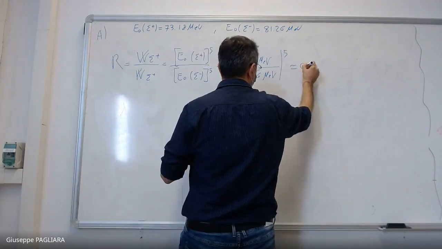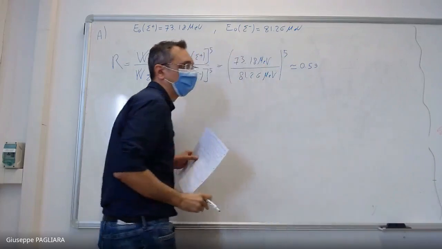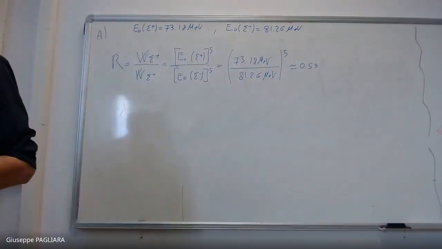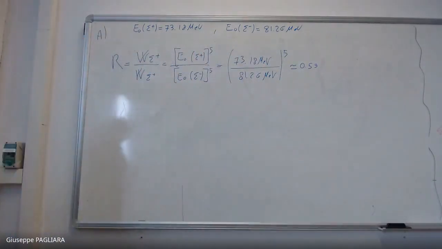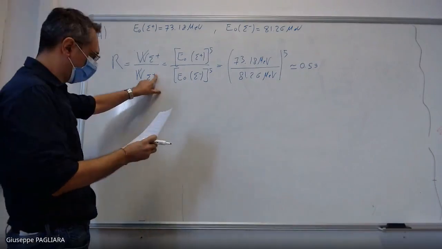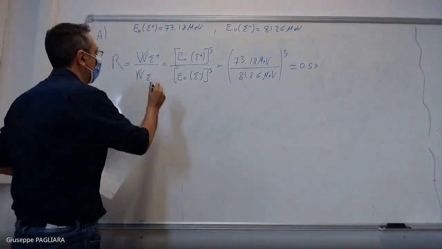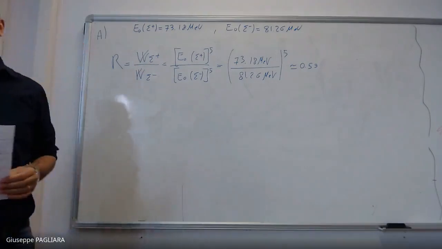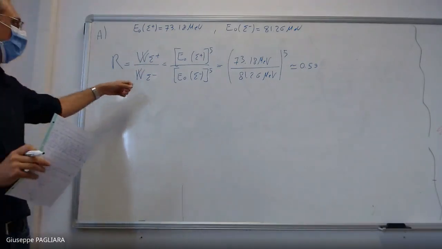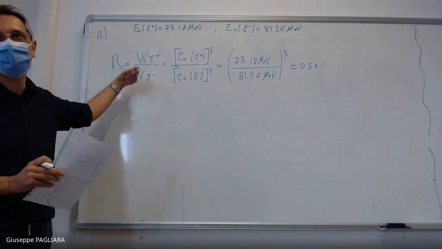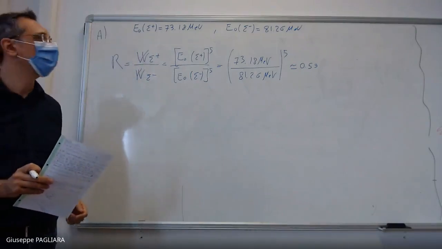And the result is 0.51. It means that there is, sorry, this is a minus. There is a preference. The decay of the sigma minus is more probable than the decay of sigma plus.